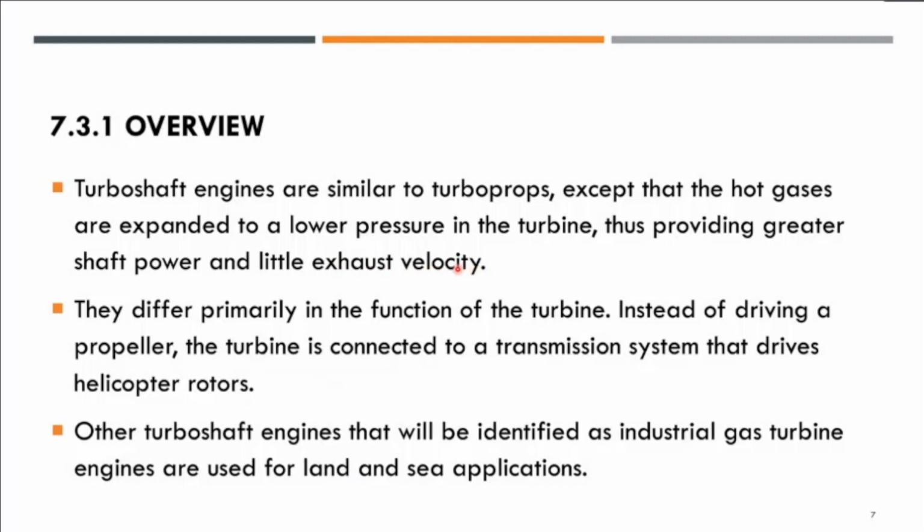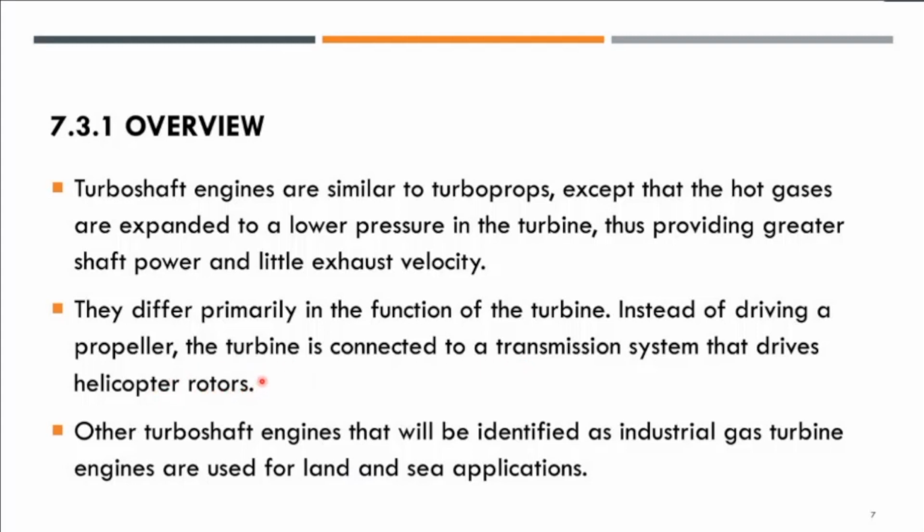So they differ primarily in the function of the turbine, because the turbine is operated at low pressure. Instead of driving a propeller like turboprops, the turbine is connected to a transmission system, normally to drive helicopter rotors.